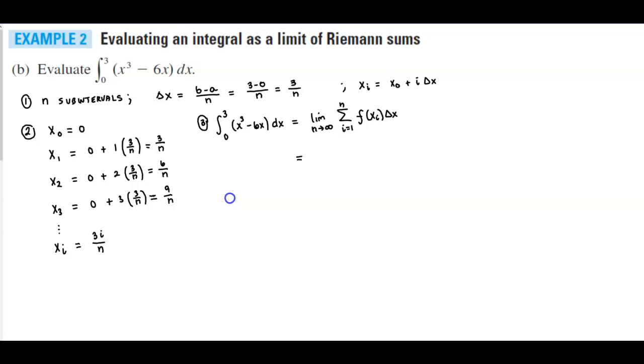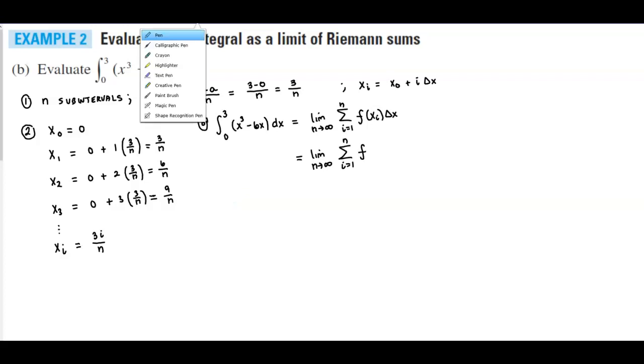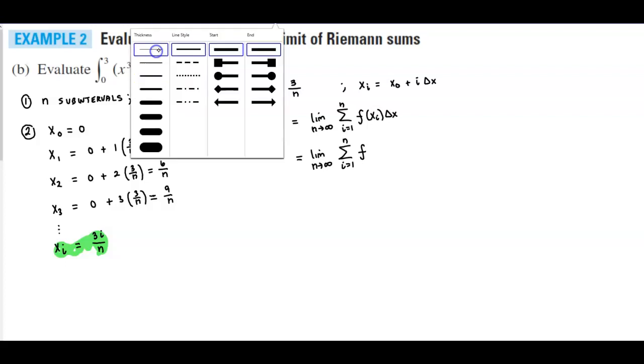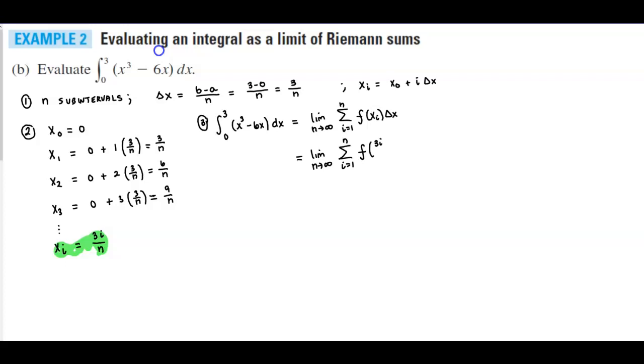So that equals the limit as n approaches infinity of the summation from i equals 1 to n of f of x subscript i, which is 3i over n, times delta x, and we know that delta x is 3 over n.